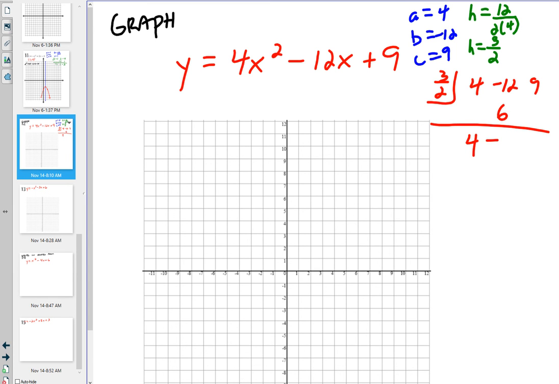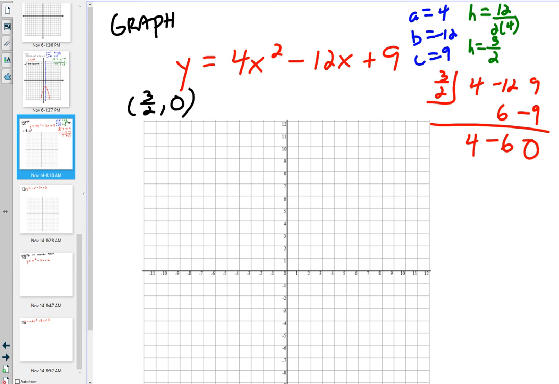It's 6. And then when you get down here -6, but now I gotta multiply with a fraction again. Not a big deal, it's gonna disappear again. -6 times 3 is -18. Divided by 2 is -9. 9 minus 9 is 0. Does that mean no solution? No, it just means that the vertex is gonna be at 3 over 2, 0.